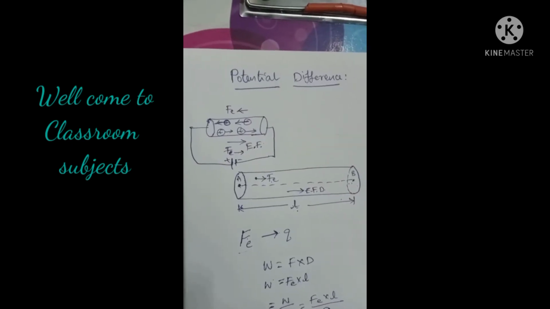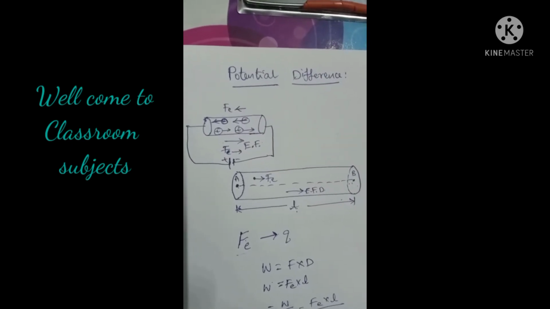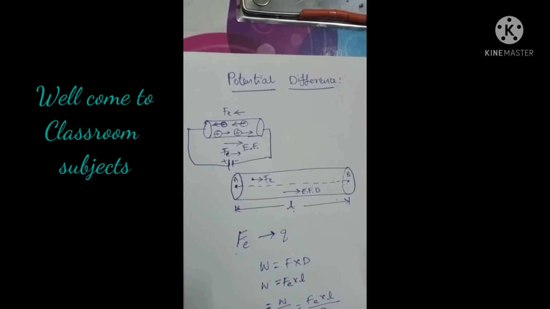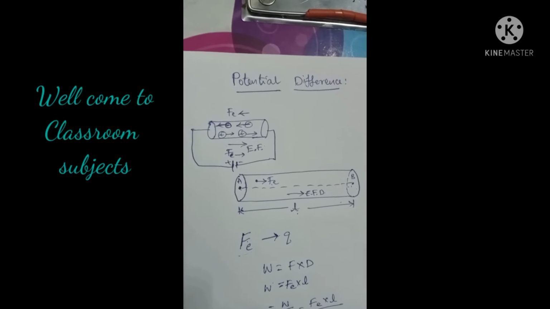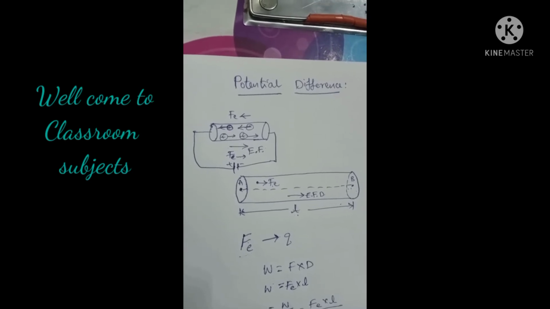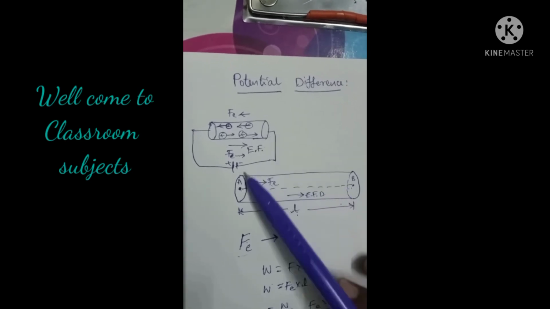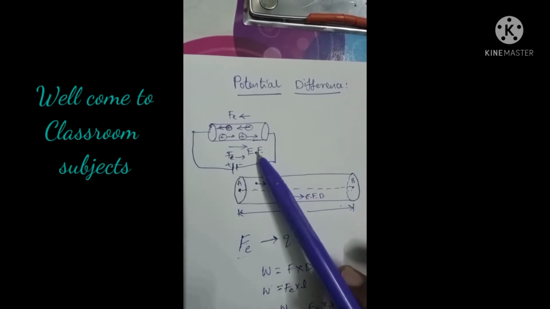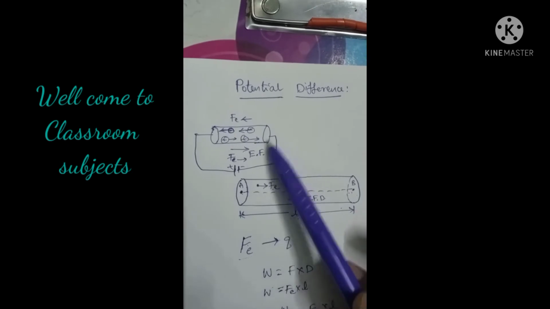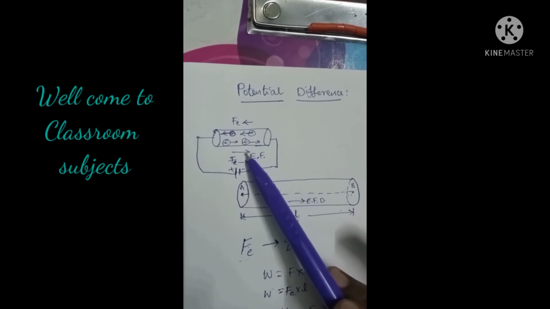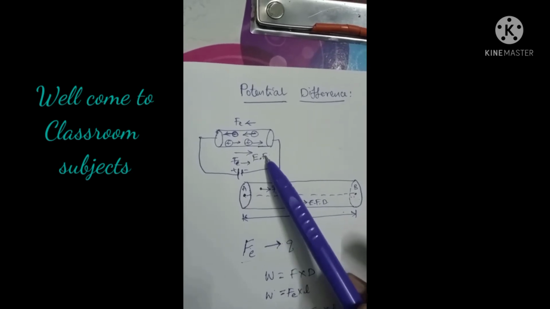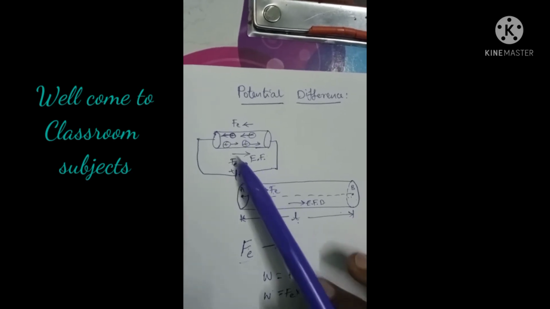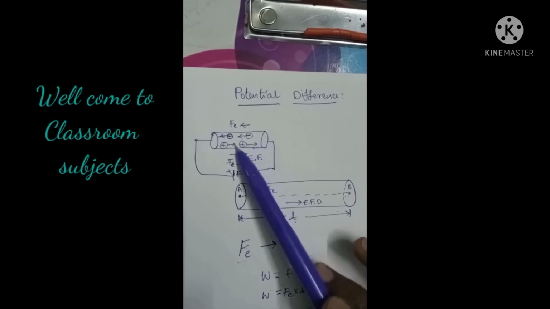Next topic, potential difference. Already we know free electrons are more in a conductor. When that conductor is connected to a battery, an electric field is set up throughout the conductor in this direction, and this electric field exerts some force on free charges.